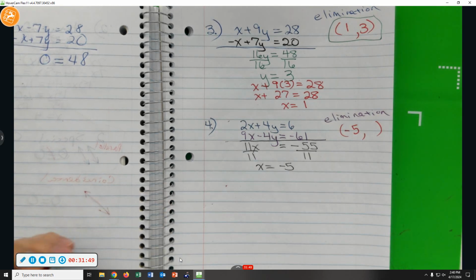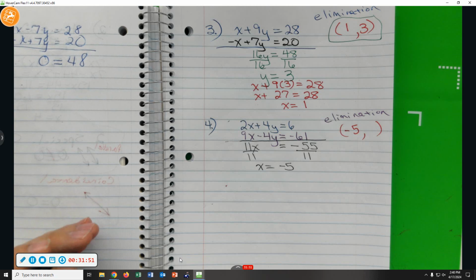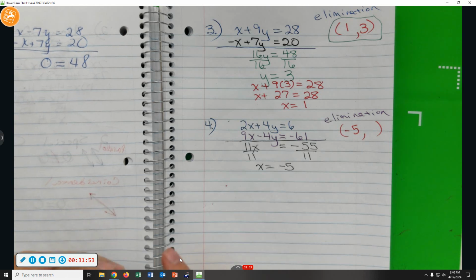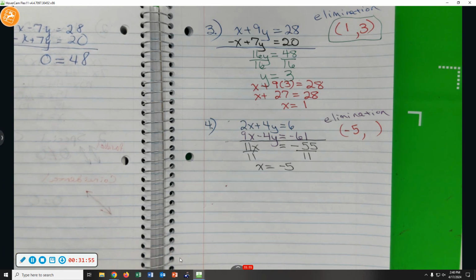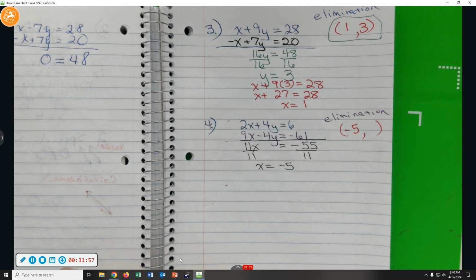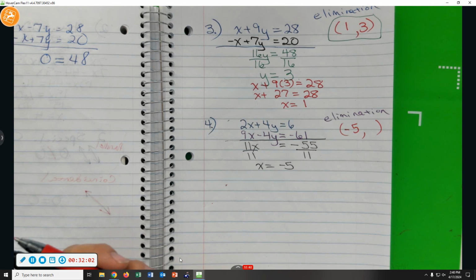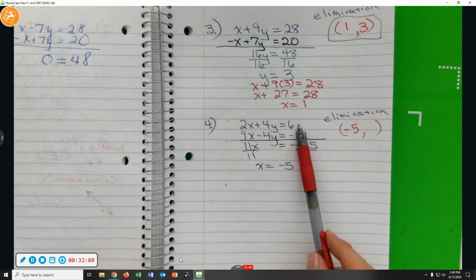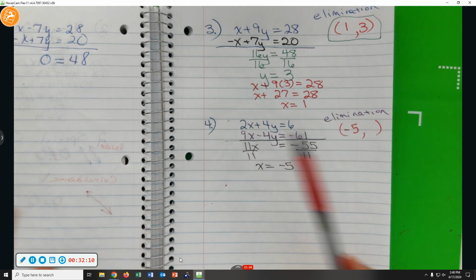What are we going to have to do to find y? Substitute. Which equation do you want to substitute into? You'll get the same answer at the end, but which equation do you think would be easier to substitute into? I'd use the top equation. Not only are the numbers smaller, but there's no negatives in it.